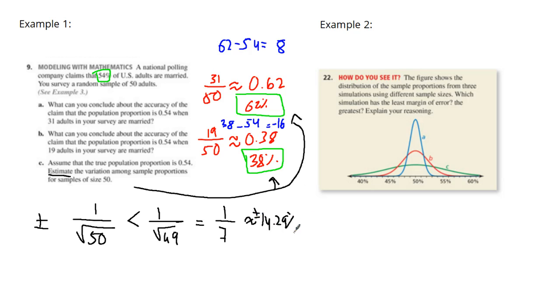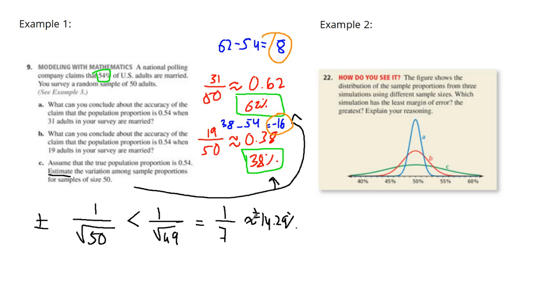So we take this 14.29% and we compare it with these two. This is justifiable, right? For the 8%, there might be differences in the amount of adults that you sample. However, this one is not justifiable because it's out of the margin of error. And that's a really big margin of error.